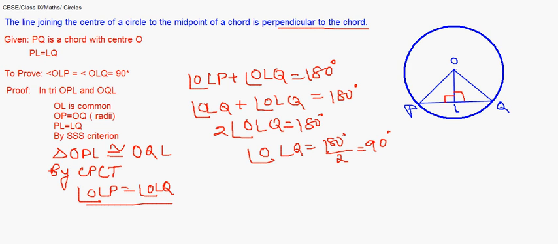Let's take one application of either of these two theorems. I again take a couple of minutes to write down the question. The radius of a circle is 13 centimeter and the length of one of its chord is 10 centimeter.